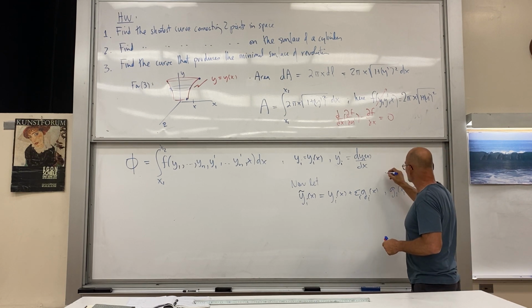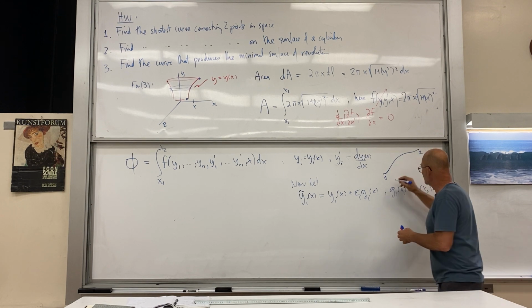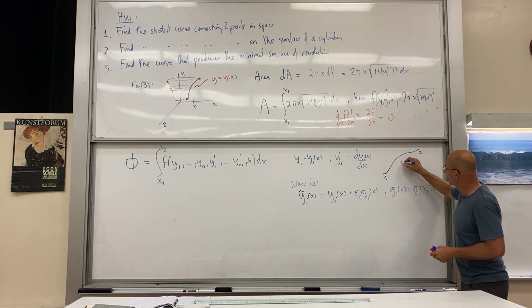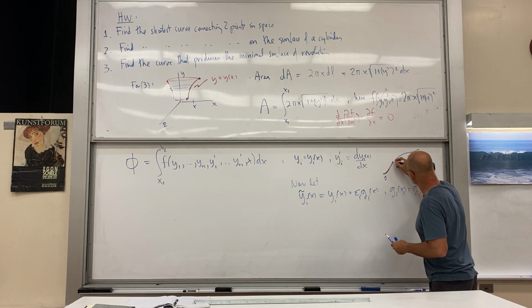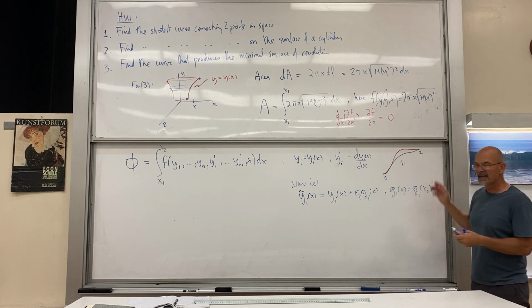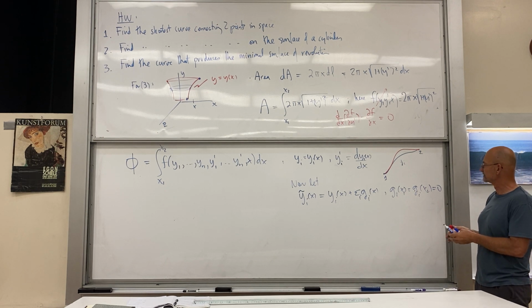It's always the same picture. You know, you get your point 1, point 2. This is your y sub I function, and then you're adding a little bit to it that vanishes at the endpoints. That's the idea.